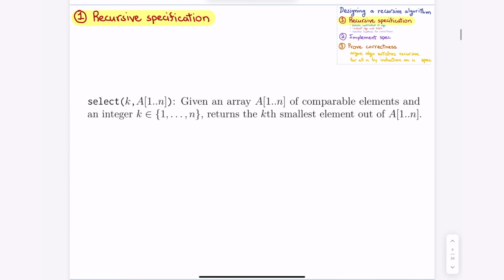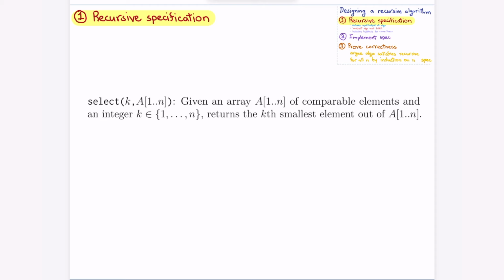Choose a name, choose an input. Select. Yeah. Oh, sorry. I spoiled it.